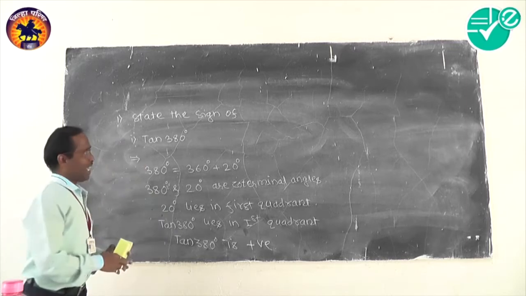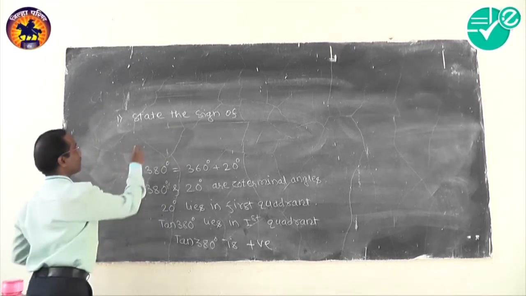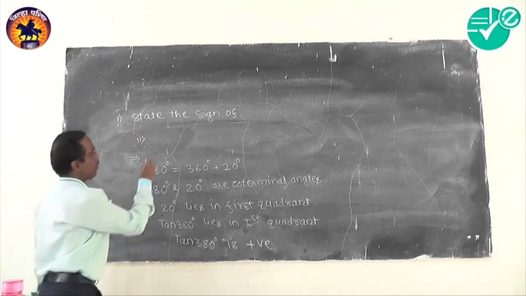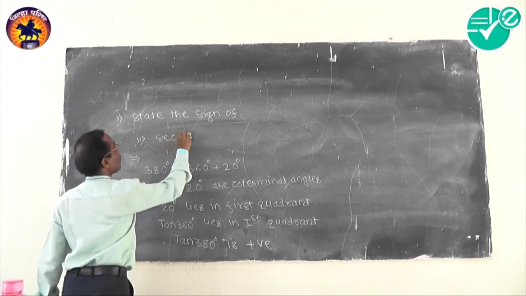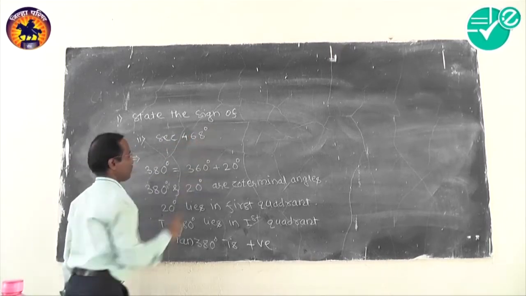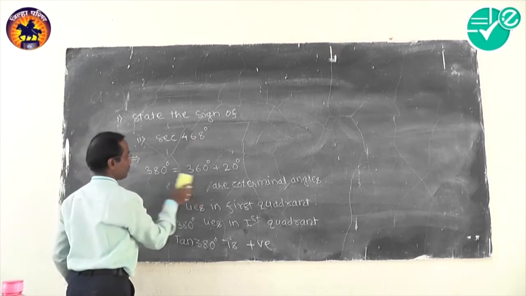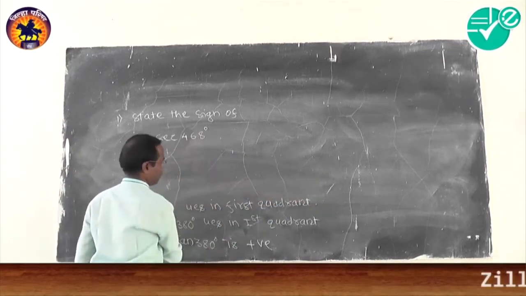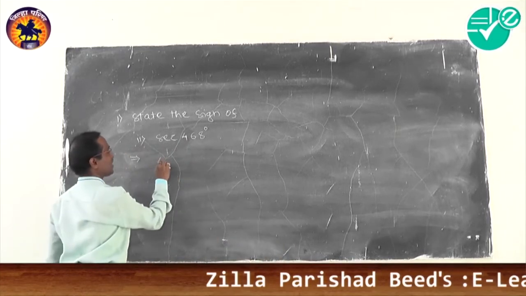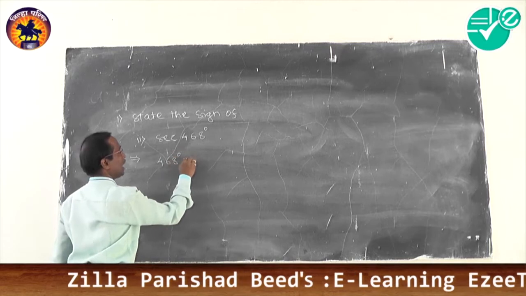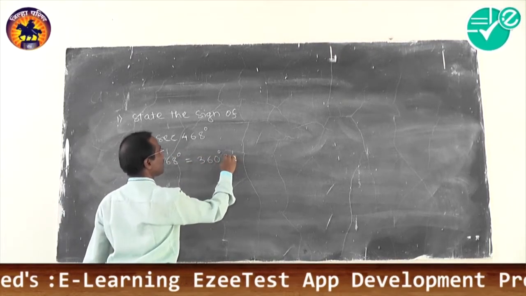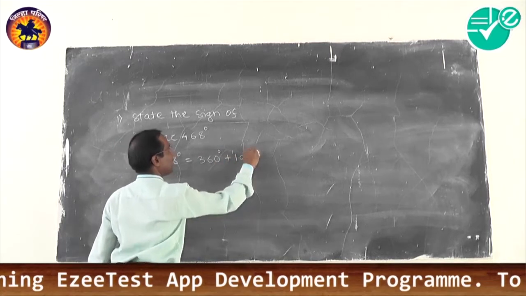Now second example, sec 468 degree. So 468 degree can be written as 360 degree plus 108 degree.